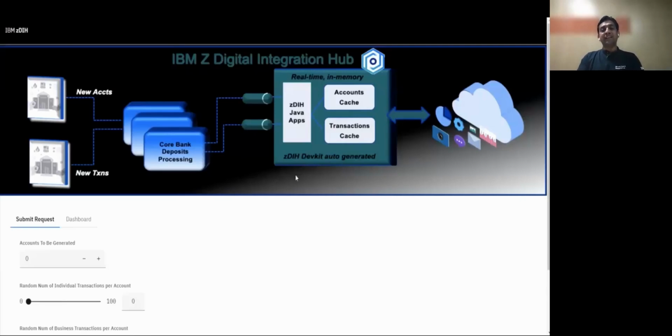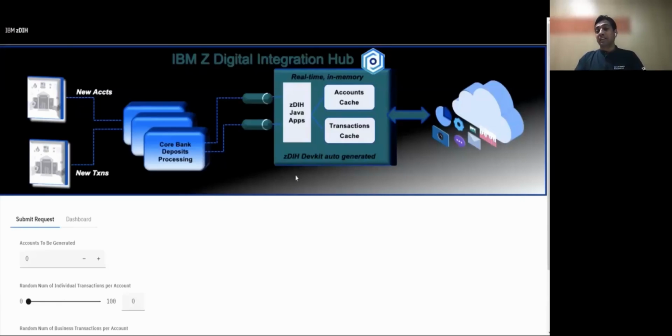And on the right-hand side, we have integrated this CICS COBOL application with our ZDIH Integration Hub for sharing the information. That information gets written into the log stream, and then our ZDIH application reads the information from the log stream and inserts or updates, according to the workload, into the corresponding caches, which are account caches and transaction caches. This Java application and account caches have been created with the help of the ZDIH development kit.